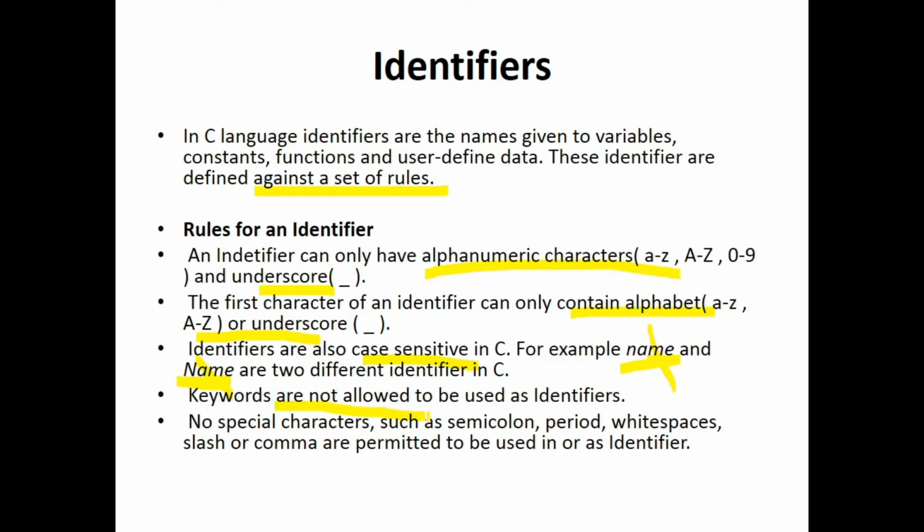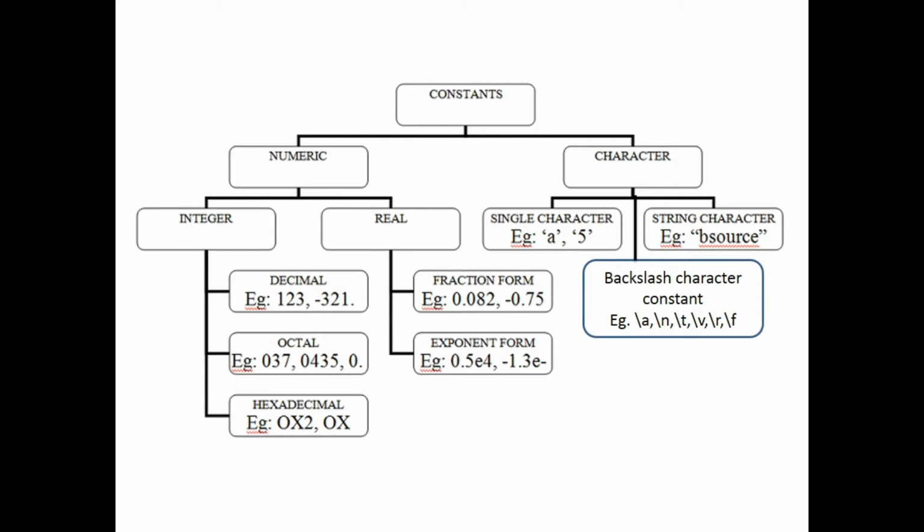Keywords are not allowed to be used as identifiers, meaning the words already defined by the compiler cannot be used. No special characters such as semicolon, period, space, slash or comma are permitted in an identifier. So these are some of the rules.